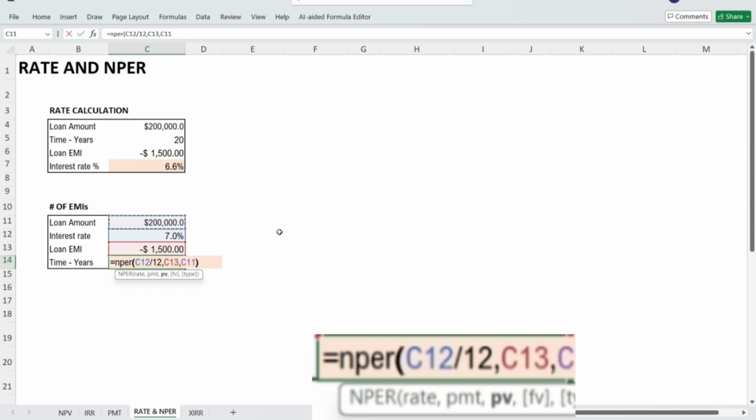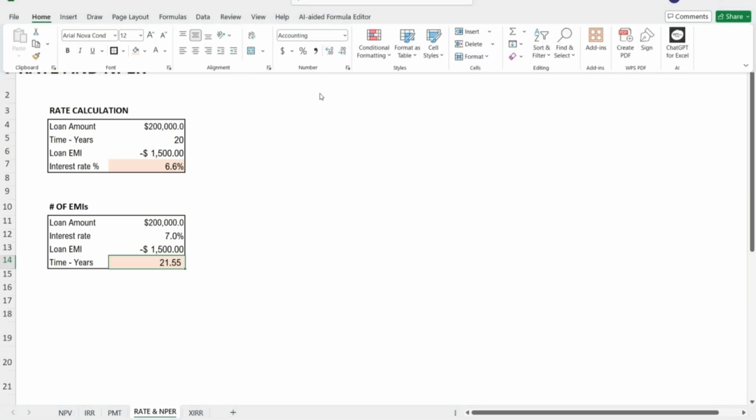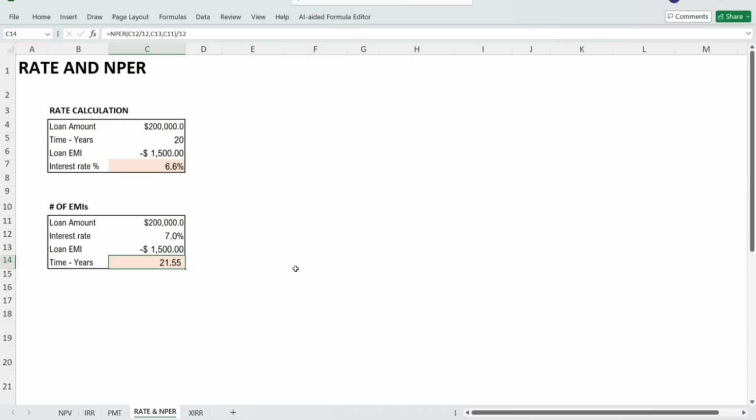Close the bracket and enter. So we get 259 EMIs for this loan, and if we divide it by 12, we get the number of years, which is 21.55. So to repay this loan, the borrower has to pay $1,500 every month for about 21.5 years.